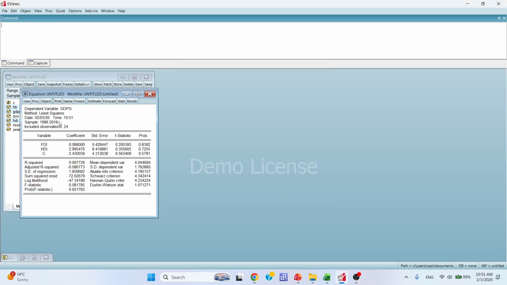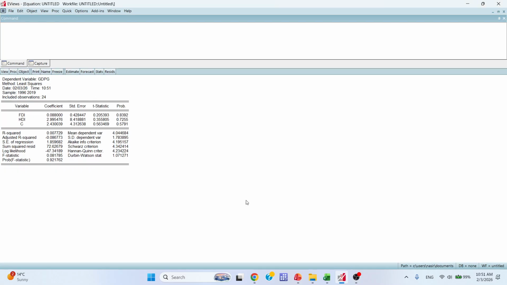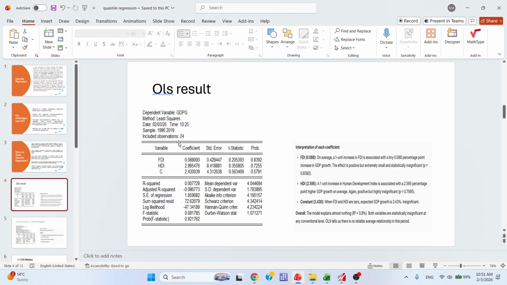Now you can see that it has given us the result of the simple OLS model. I have already copied this result into my OLS result. Here you can see that our dependent variable is GDPG, the method is LS, and the sample is from 1996 to 2019. Total observations are 24.